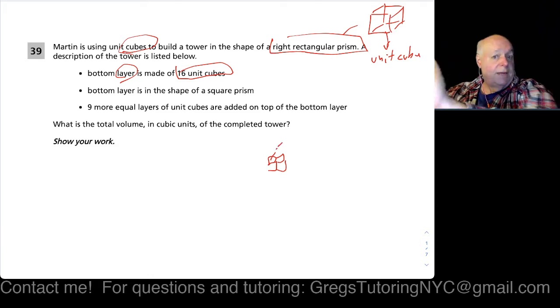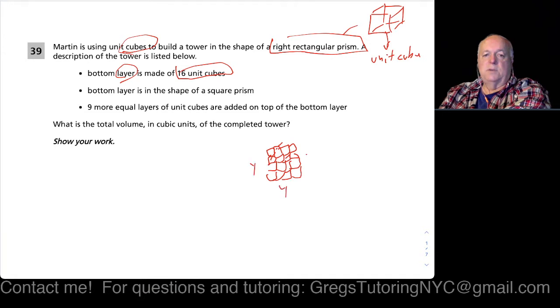It's telling us we have basically something like this. If we were to do a 4 by 4, that would be 16 square units, right?